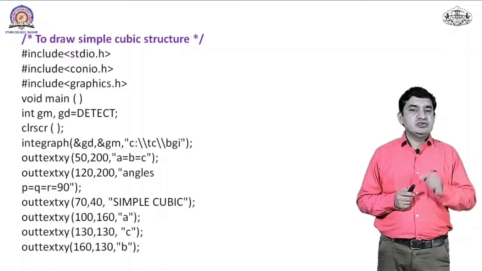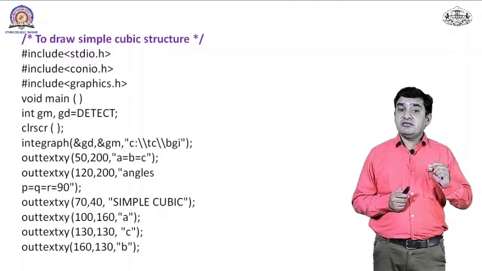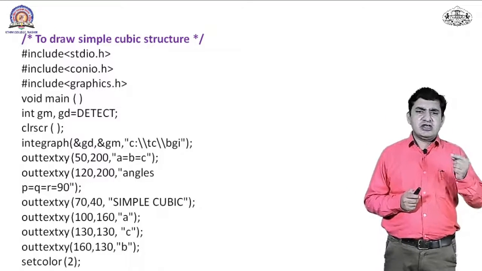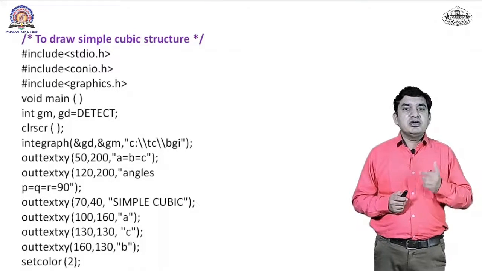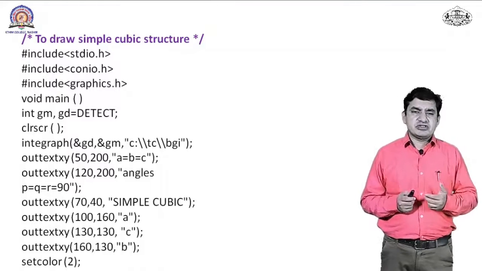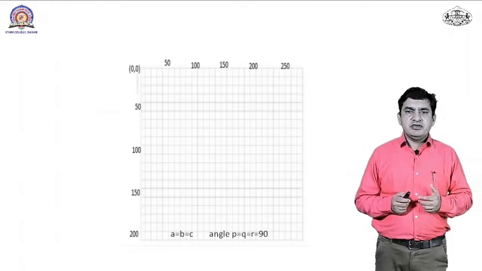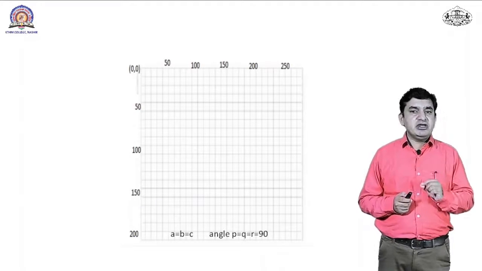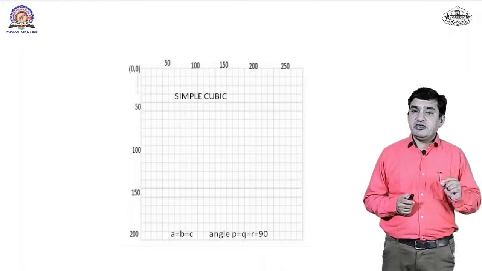The fourth is used to display A, then C and B. setcolor 2. We use color 2, that is green, for all the graphics we use, that is the simple cubic structure. Now this is the graph. Here the text a is equal to b is equal to c is displayed, angle p is equal to q is equal to r is equal to 90 degree, then simple cubic.